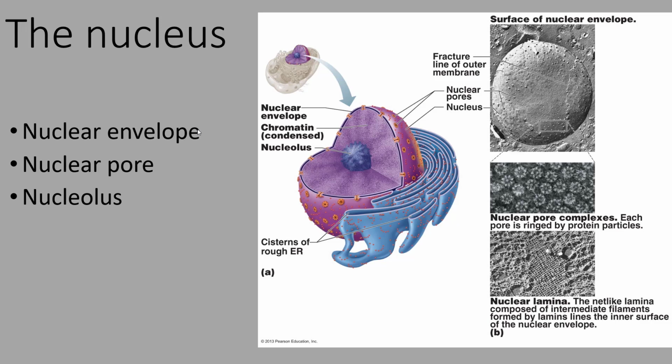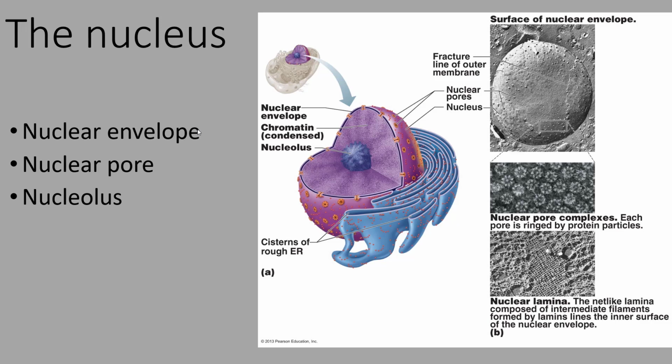The nuclear envelope is also a phospholipid bilayer, very, very similar to the phospholipid bilayer of the cell. They are almost identical. There are some extra very important proteins built into the nuclear envelope, but aside from that, it's practically identical to the cell membrane or the plasma membrane.